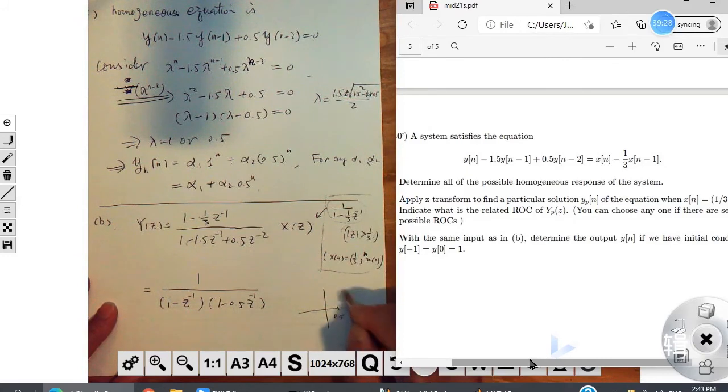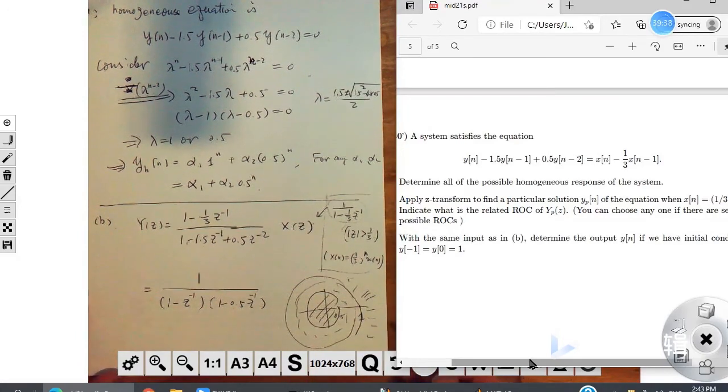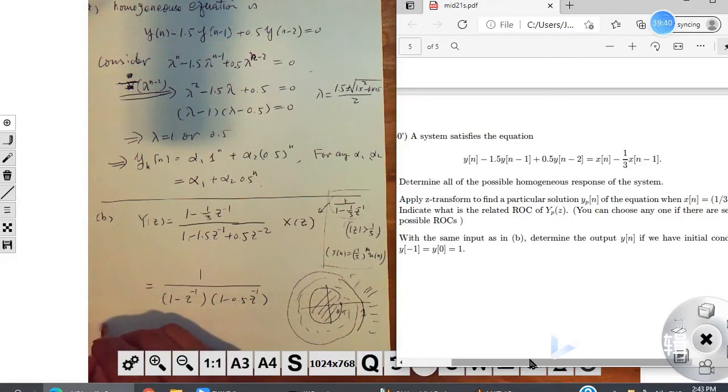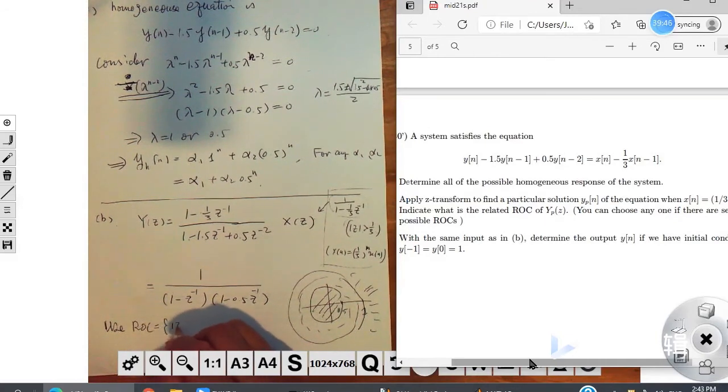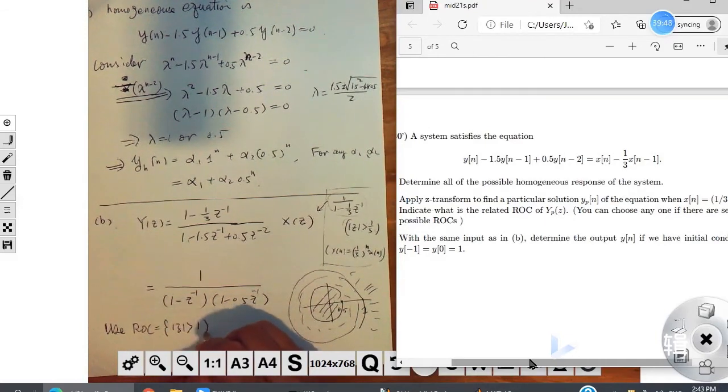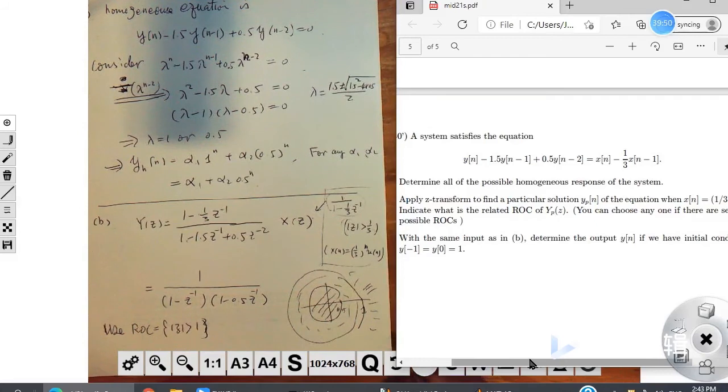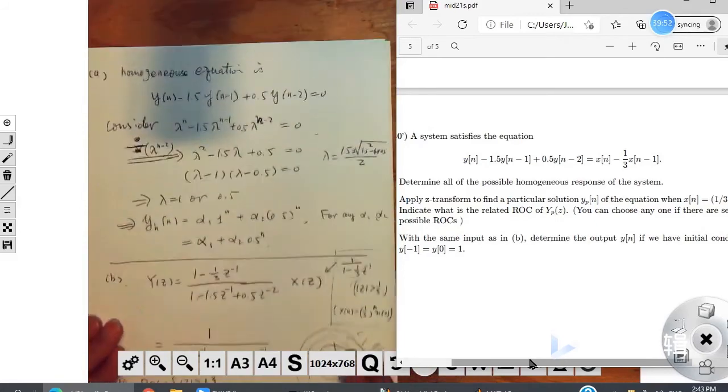You can choose the RC outside this circle, or inside the circle, or just in the ring. So you have three choices. You can choose either one. And here I just suppose RC equal to z larger than 1. You just use the larger one.